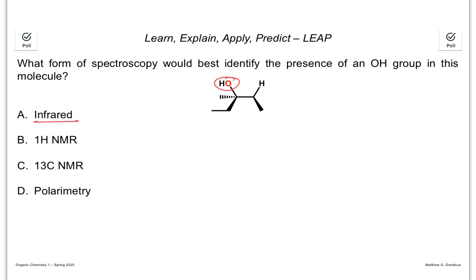It's going to be A. The reason it's IR is because, remember, every molecule has CC and CH bonds. What's unique about that functional group, it's OH.